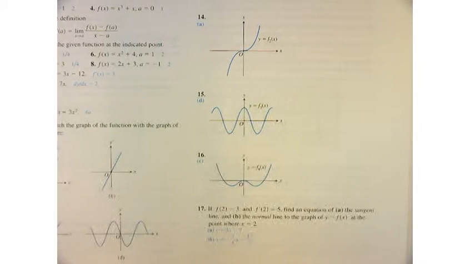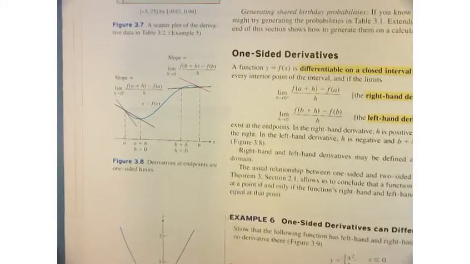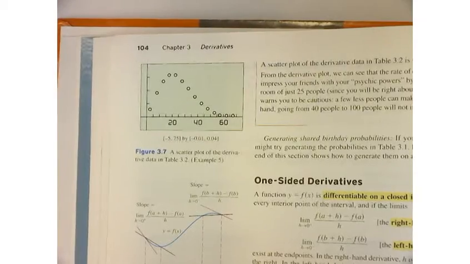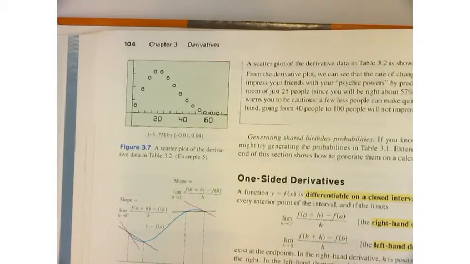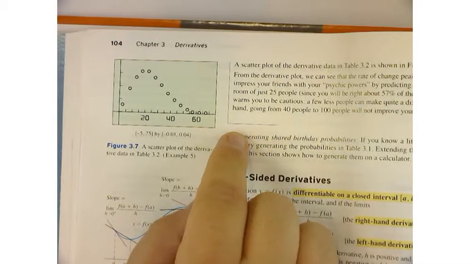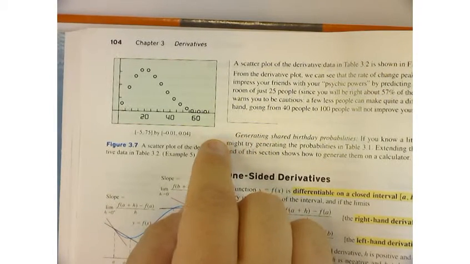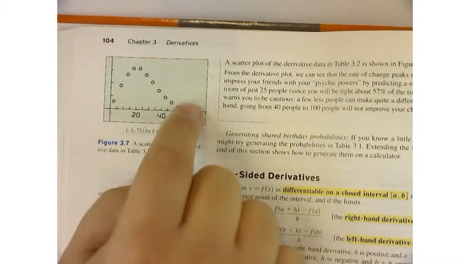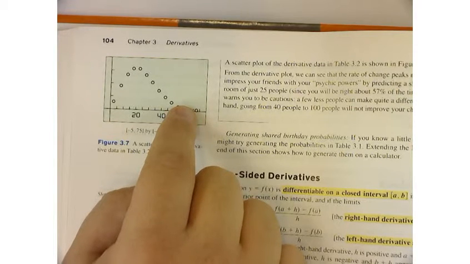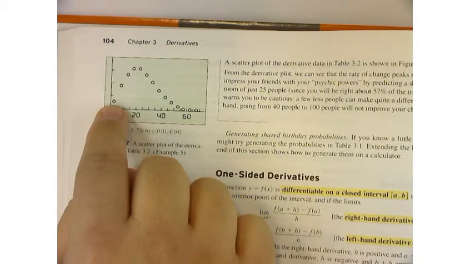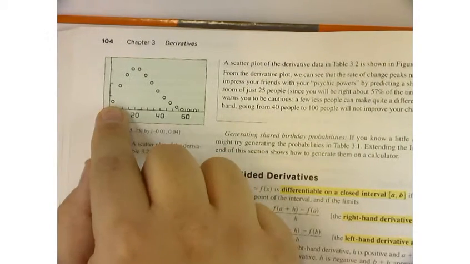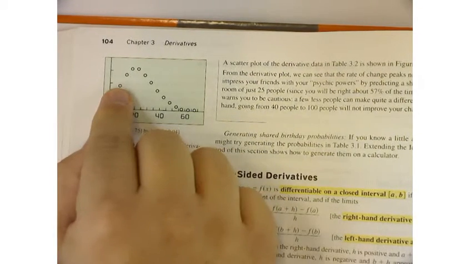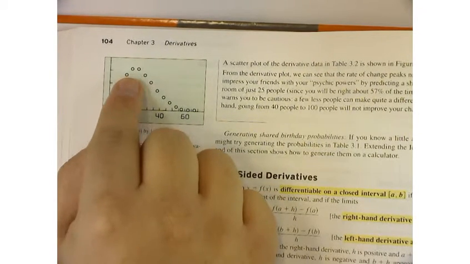So I'm going to turn the page, and now if we graph the derivative, and I haven't quite shown you how to, well, I have, but we'll show you the equation. This is the graph of the derivative. The y value of the derivative represents the rate of change. Here we have a slow rate of change because we're close to 0. Here we have an increase in the rate of change, and an increase.